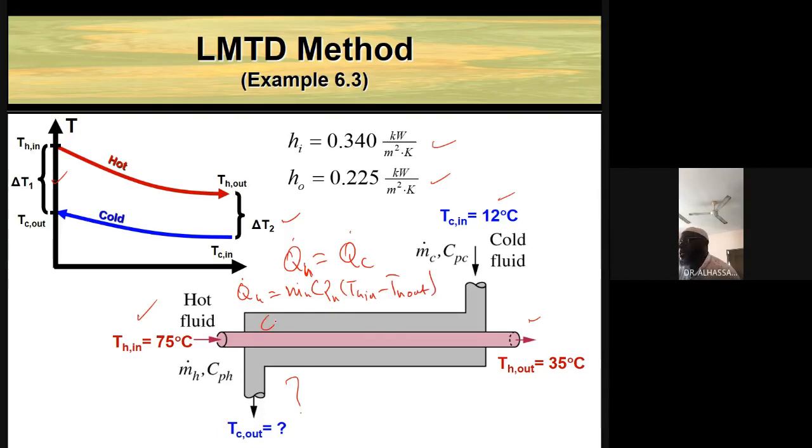Similarly, QC equals MC CPC times the temperature for the cold outlet minus the temperature for the cold inlet. Then you equate these two. If you know MH, CPH, MC, CPC, the only unknown is this quantity, which you can easily calculate from this equation.